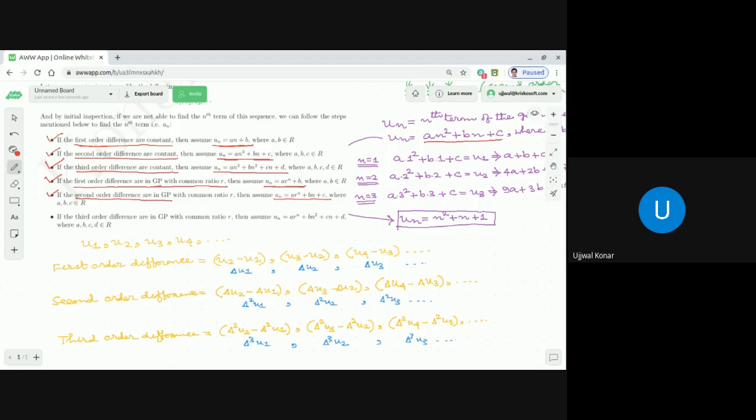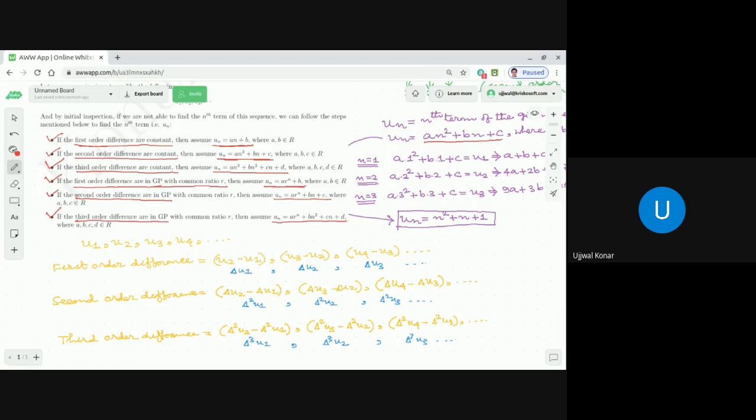If the third order differences are in GP with common ratio r, then what you will do? Then we will take un equal to a r power n plus bn square plus cn plus d. Isn't it a very specific way of finding it without the trial and error method? So what you see, there are 6 steps, one by one.